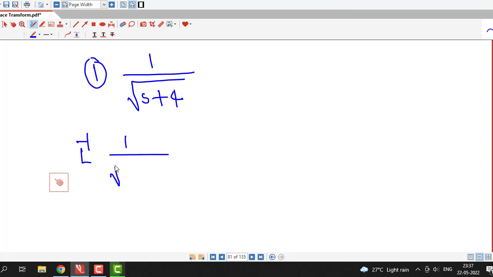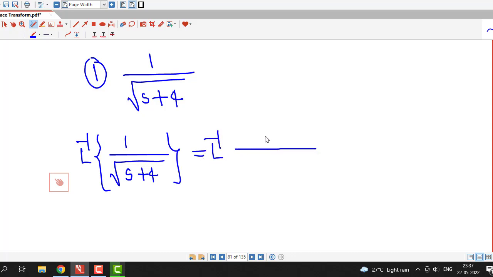First I rewrite this function as s minus minus 4 to the power 1 by 2, so that we can compare with our formula.